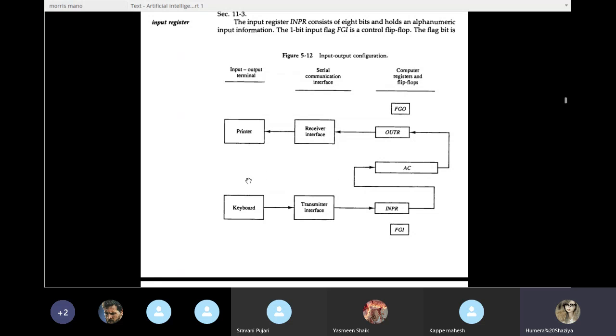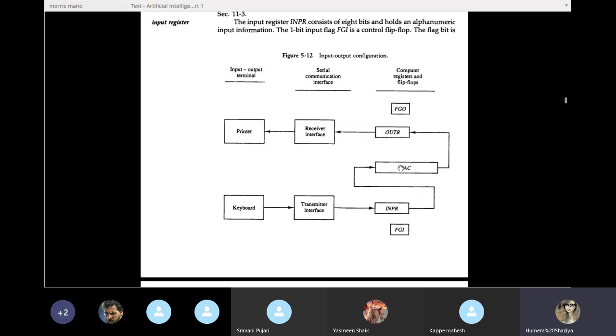Or a printer, if you are printing it. Here you can put monitor also, it doesn't matter, any output device. So that the sum of 3 and 2 is 5 has to be displayed, and the result 5 is in the accumulator.